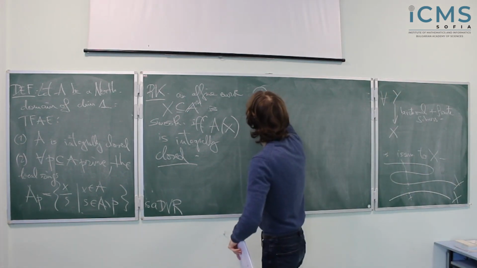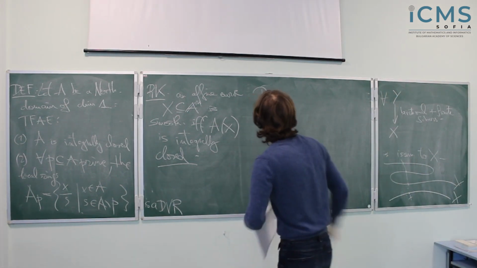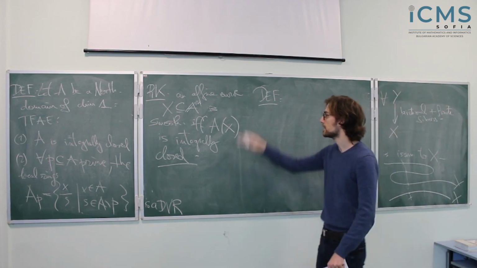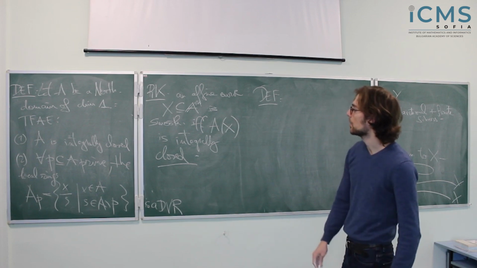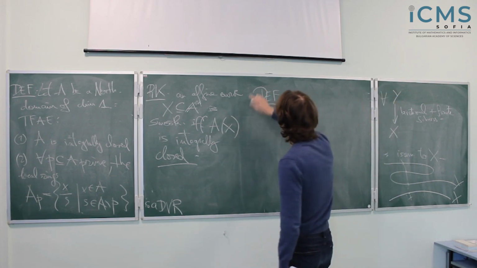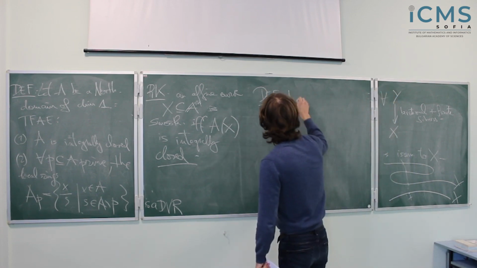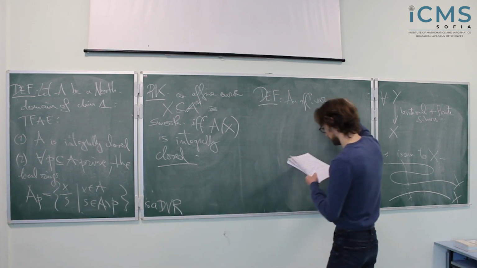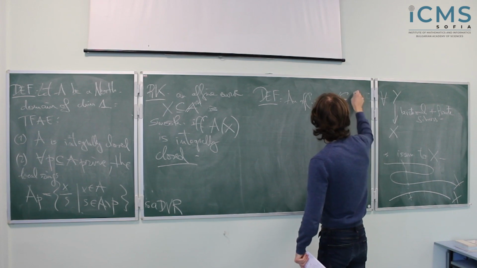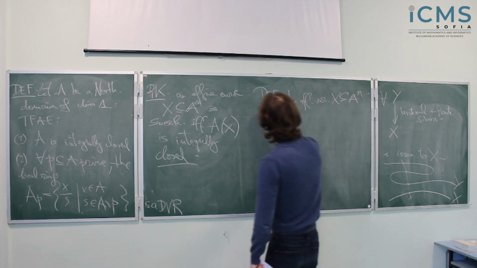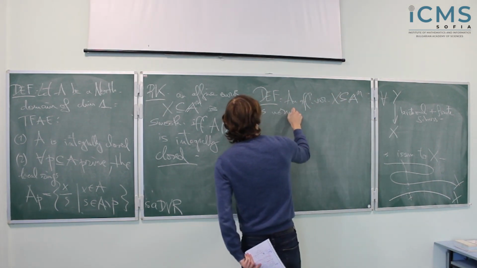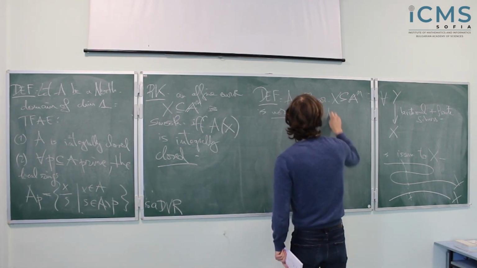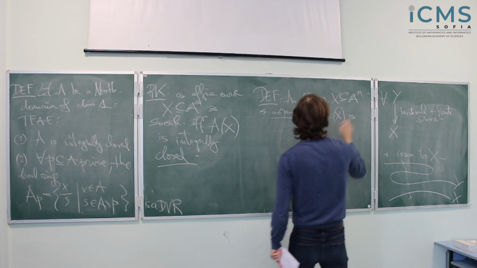And okay, so we have a very basic notion that comes along with this remark. It's that an affine variety is normal if A(x) is integrally closed.